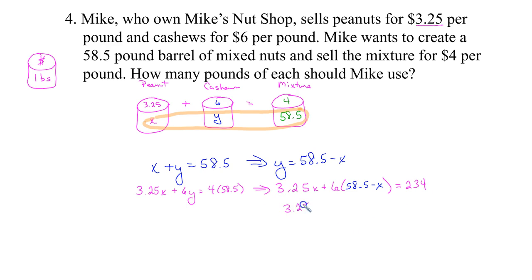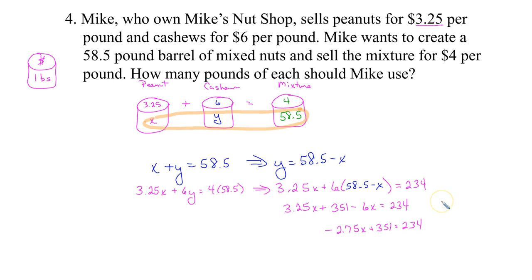So 3.25x plus 351 minus 6x is equal to 234. Cleaning this up a little bit, I have negative 2.75x plus 351 is equal to 234.